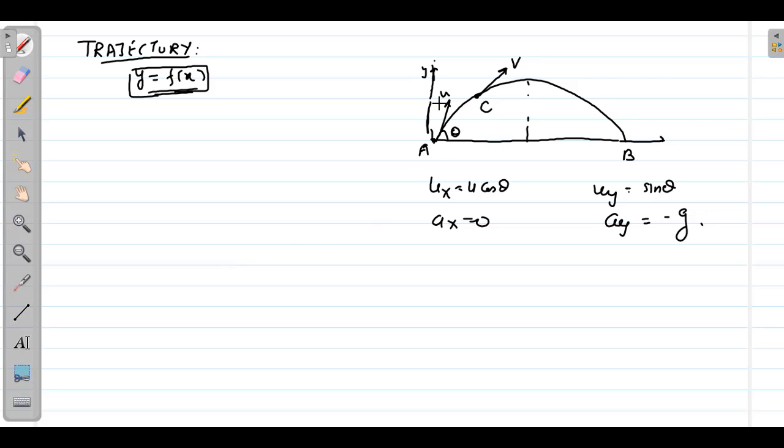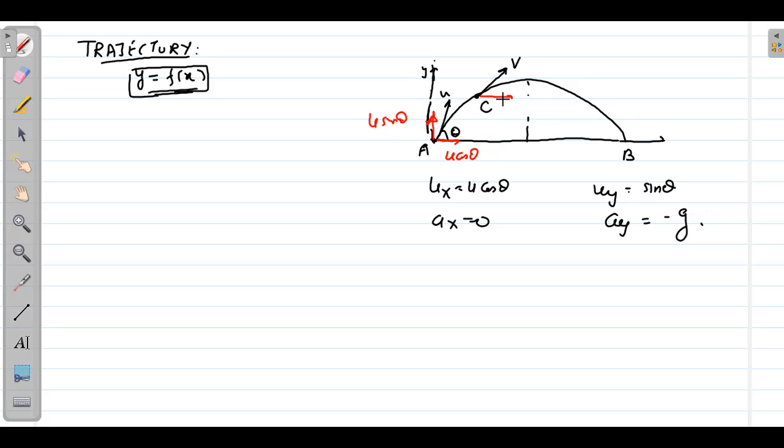So how can we relate this u and v? To relate u and v, we again take the components. The component of u along the horizontal is u cos theta, which we have already mentioned, and the component of u along the vertical direction is u sin theta.